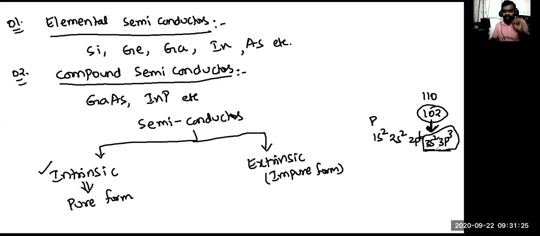By adding some material, we are making this phosphorus into a semiconductor. Whatever we are adding, we call that a dopant. Dopant means added material, and the process can be called doping.